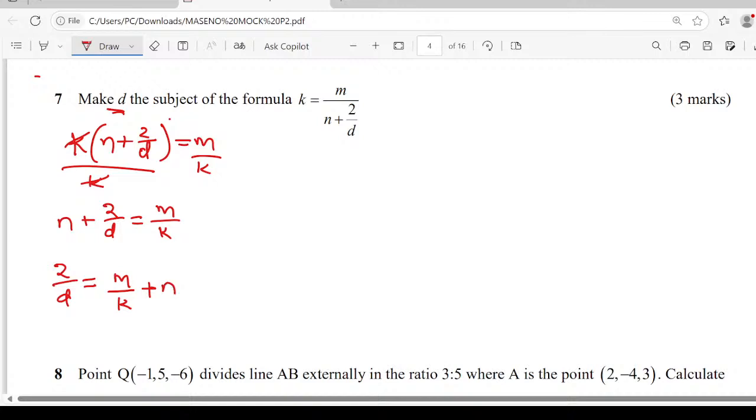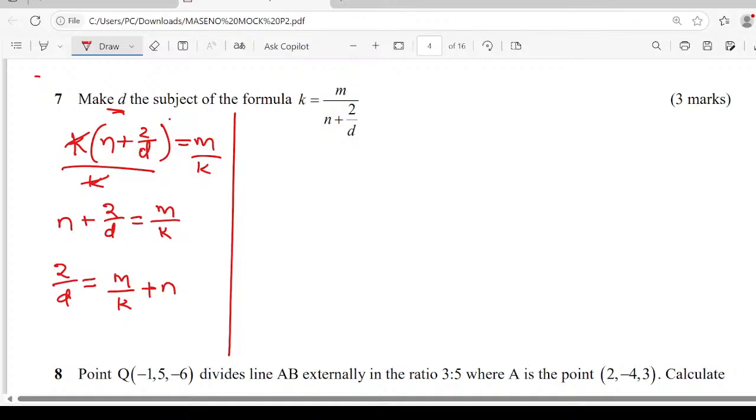Then when I've reached 2 over d being equivalent to m over k plus n, remember, my interest is to make d the subject of the formula. So to remove this 2, I'm going to multiply each side by a half.